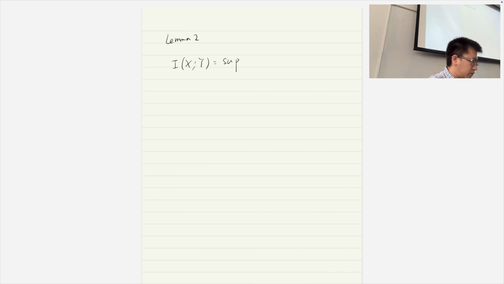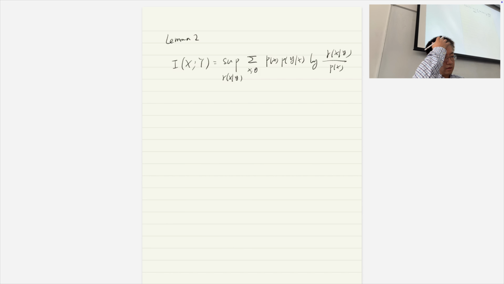We can write that as a sup over R_{x|y} of the following: sum over x, y of P_x P_{y|x} log R_{x|y} over P_x.